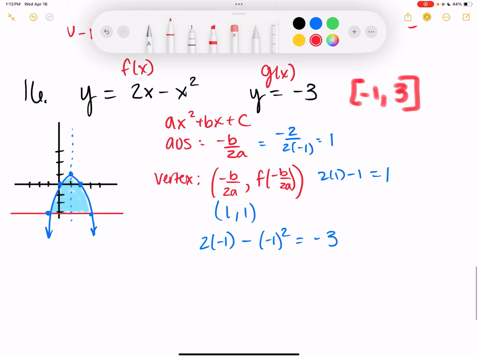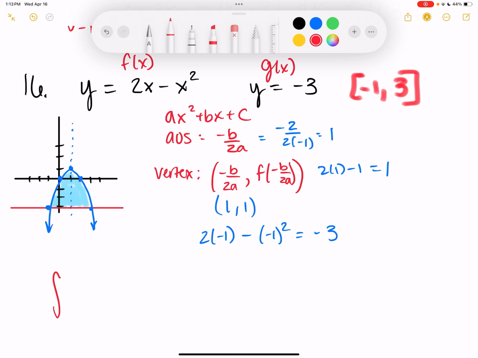So I'm looking at the integral from negative 1 to 3 of 2x minus x squared plus 3 dx.